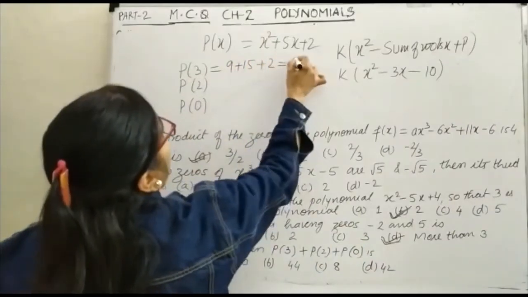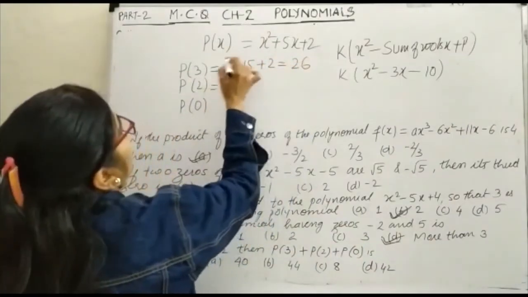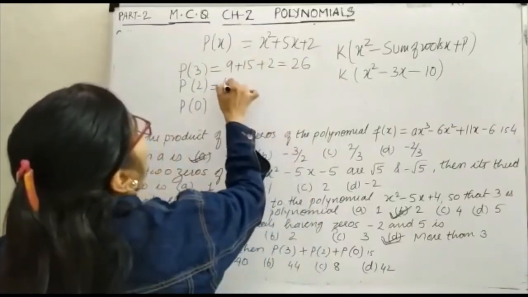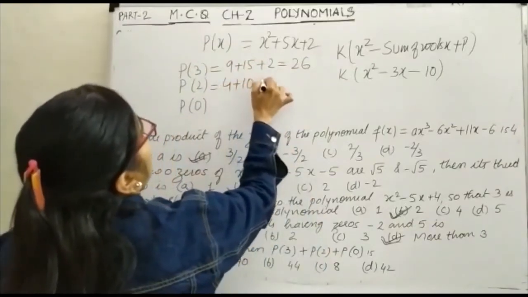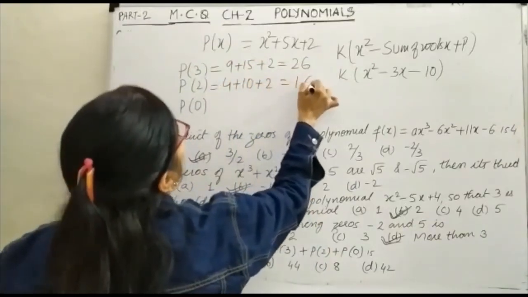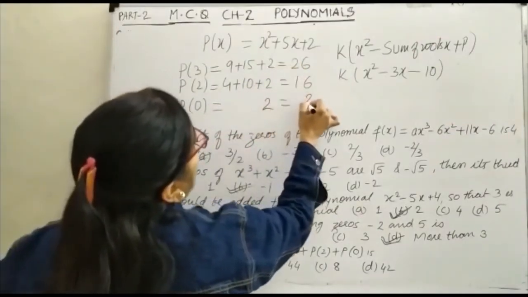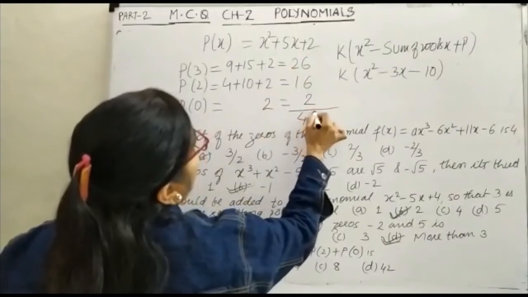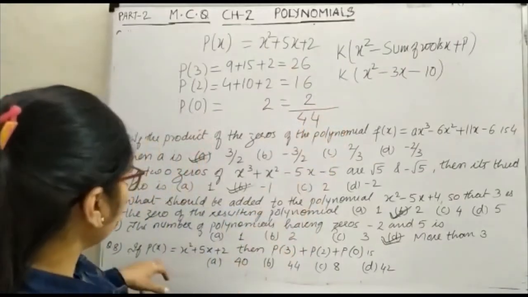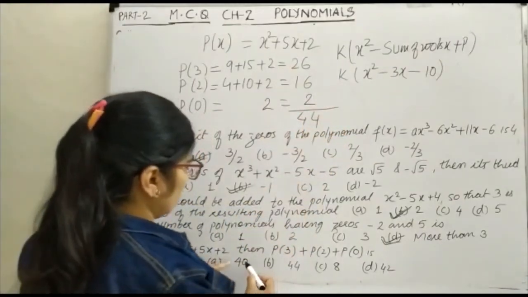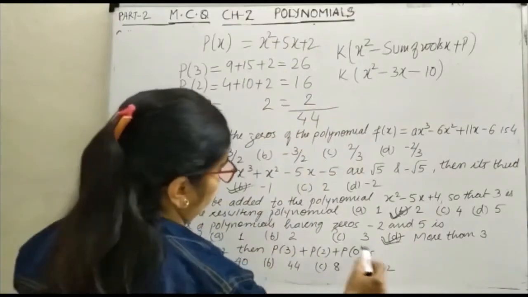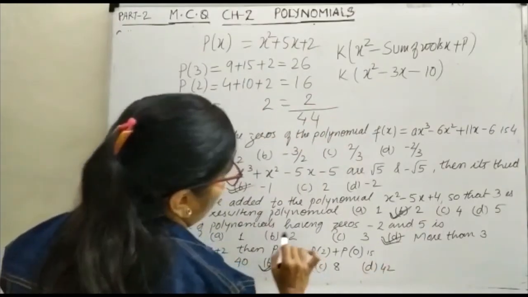So this will give you 26. Your P2 will be 4 plus 10 plus 2. This will give you 16. And your P0 will give you 2. And when you add, you get here 44. So what is the correct option for the last one? It is 40, 44, 8 and 42. So this is your correct option.